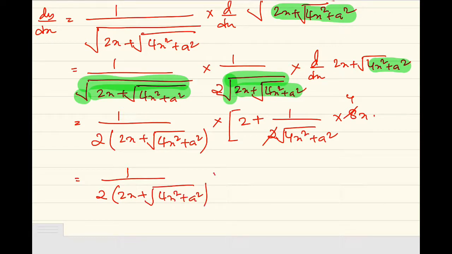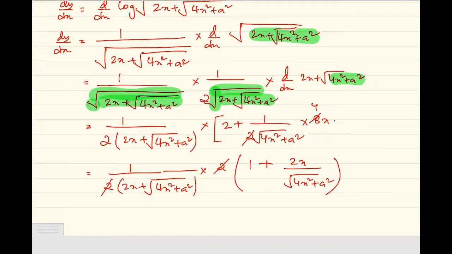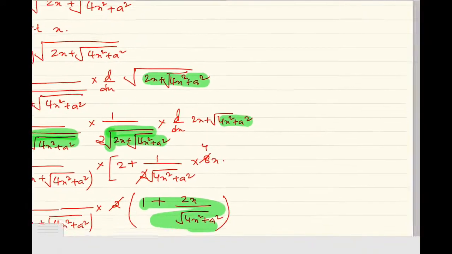Check this out. Into, I can take out 2 common from here, and there will be 1 plus 2x by root of 4x squared plus a squared. Correct? So 2 and 2 get cancelled finally. Now let's take LCM here. What do you get?